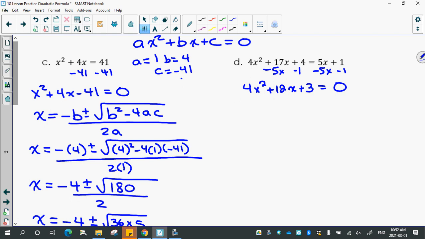So I would subtract 5x on both sides and subtract 1 on both sides. And then I would get A to be 4, B to be 12, and C to be 3.